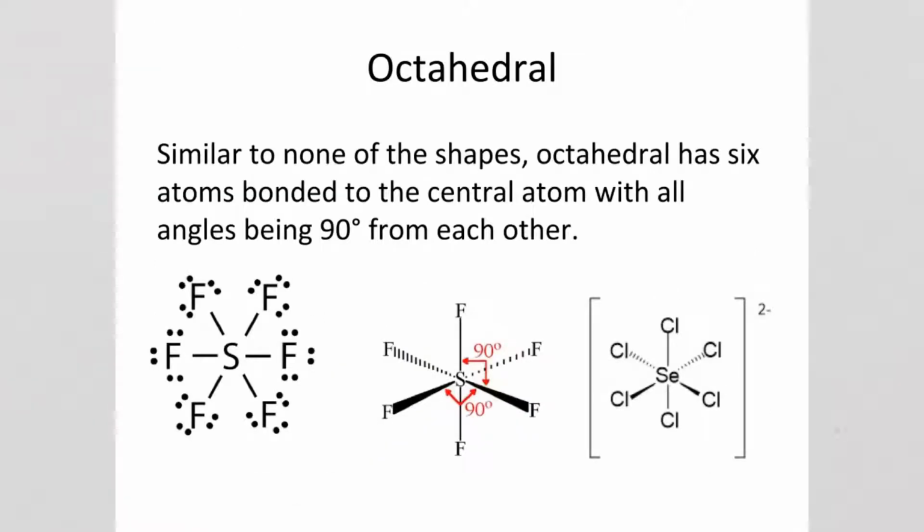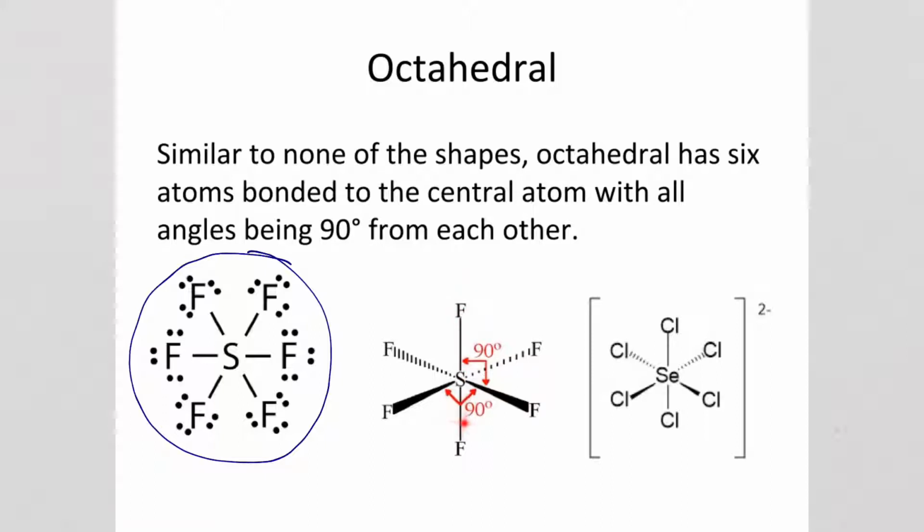I don't want you to confuse the two, a 3D structure and a Lewis structure. Our last is octahedral, which has six atoms bonded, where all angles are 90 degrees from each other. Again, we've got our semi-Lewis structure over here. However, over here we get a nice representation of a 3D structure.